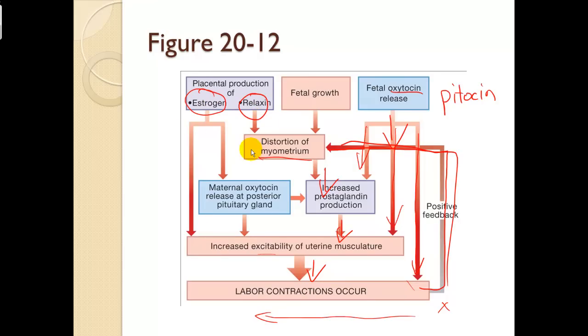The relaxin actually allows for the expansion of the myometrium, or the muscular layer, the thick internal layer or inside layer of the uterus. Estrogen, maternal oxytocin released at the posterior pituitary is what gives that feedback, which again reinforces this idea.